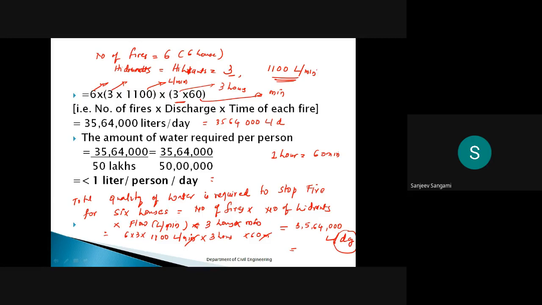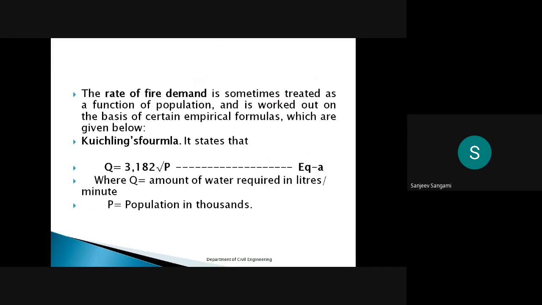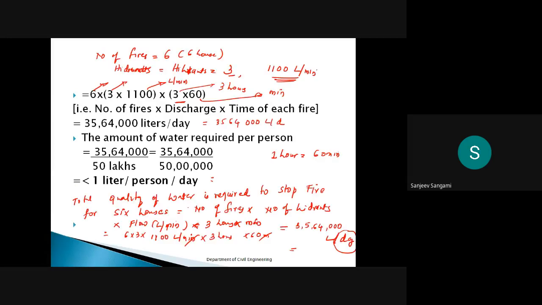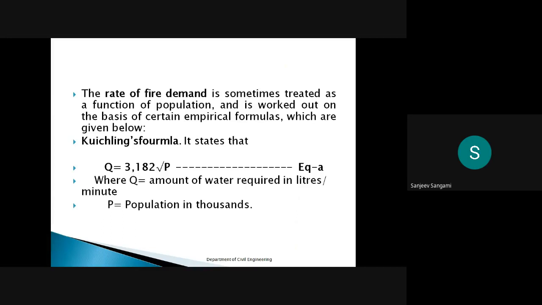So now we'll move on to some of the empirical formulas which are required to calculate the fire demand.